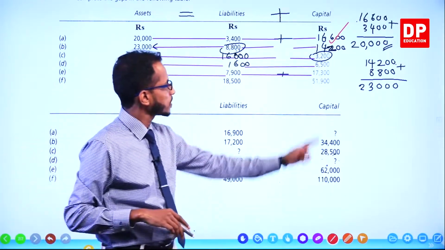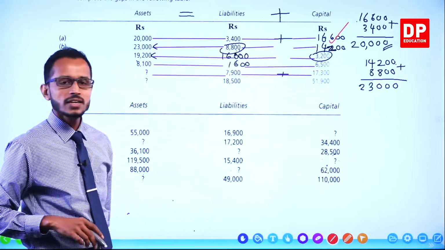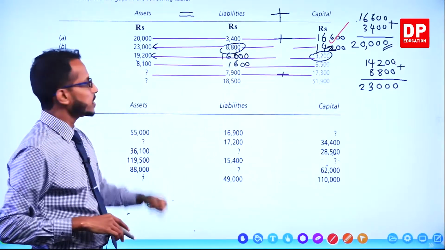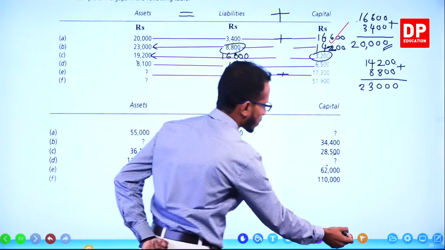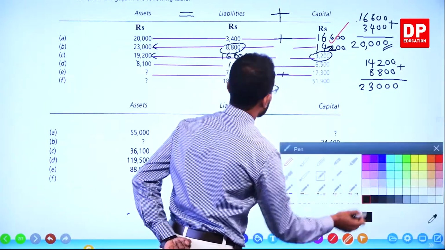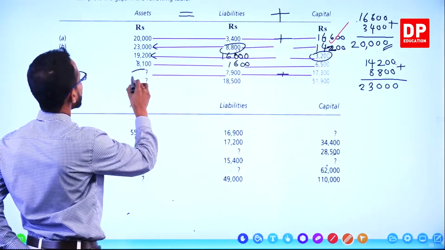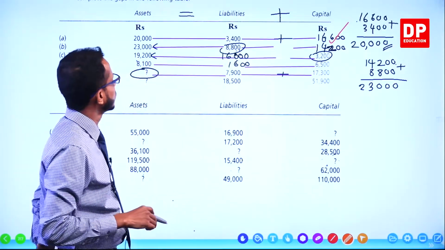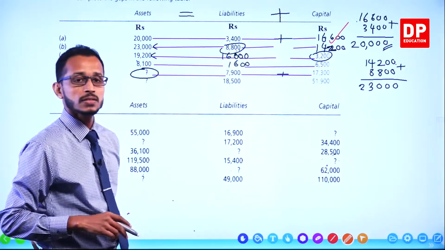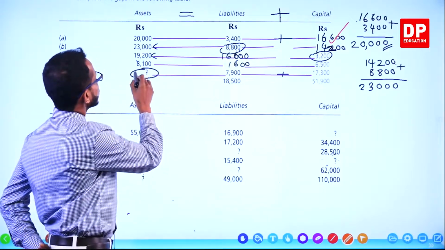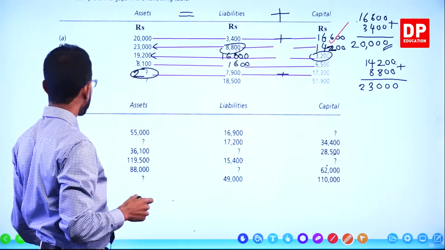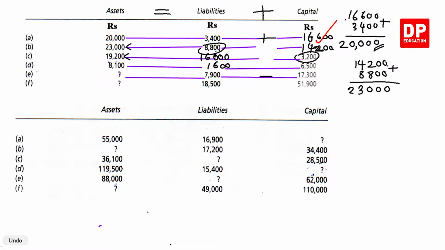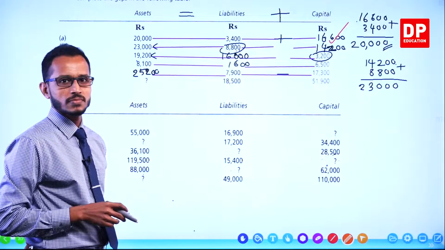How much? The total should be here. 25,200. Easy thing, right?